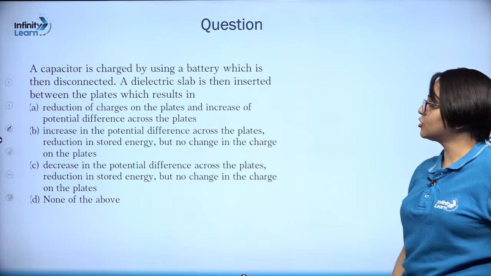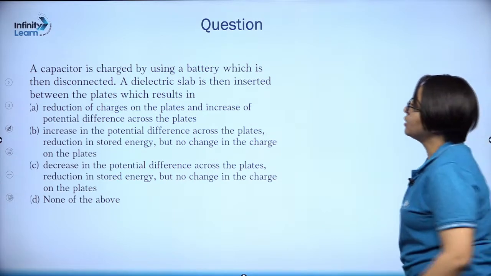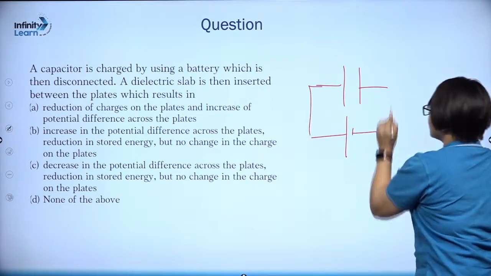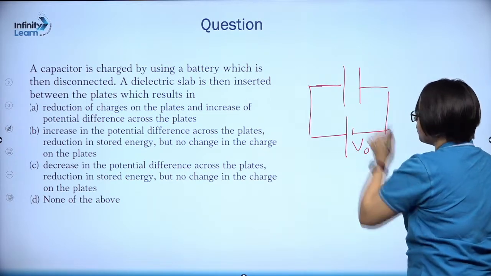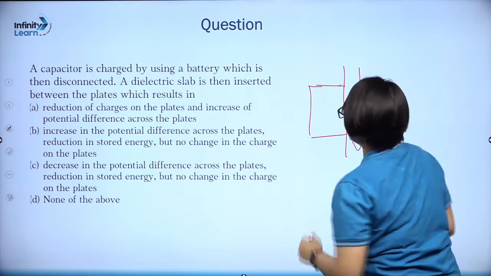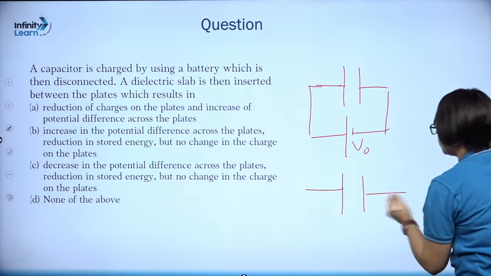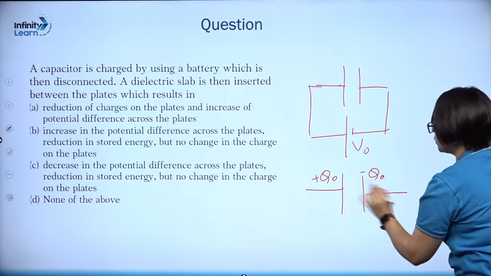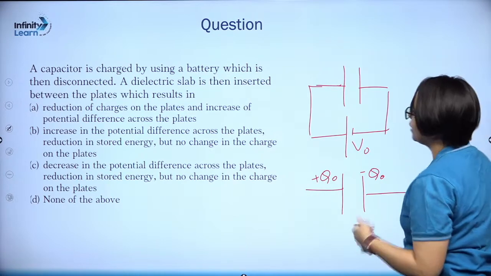A capacitor is charged by using a battery. We are charging a capacitor by using a battery, let's say having potential difference V naught, and after charging we are disconnecting the battery. So it is getting a charge plus Q naught and minus Q naught on the plates like this, right?